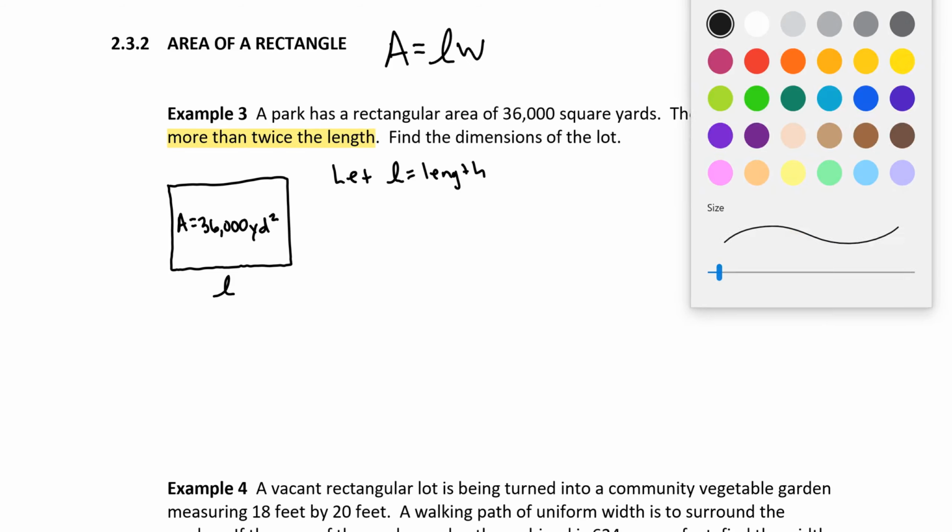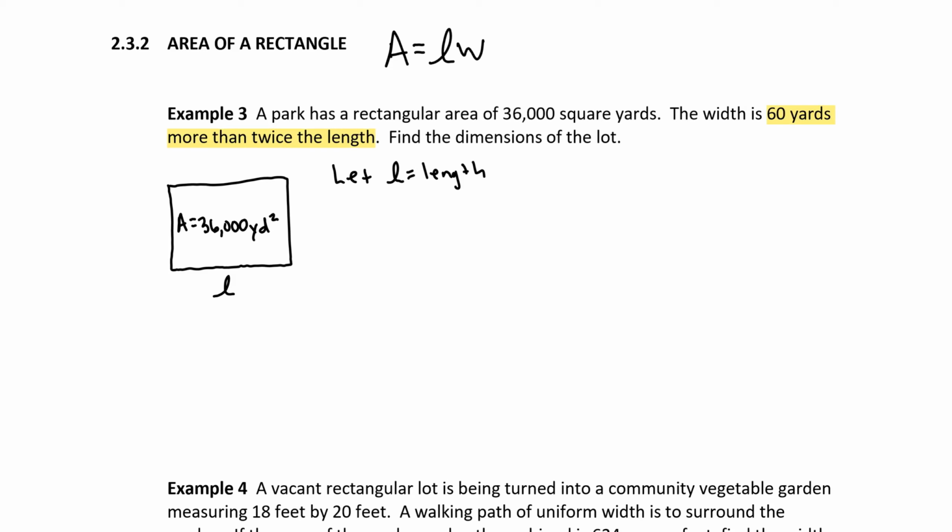That is the English language representing math. The width is 60 yards more than twice, or 2 times, the length. So the width will be 60 more than 2 times the length. So the width here would be 60 plus 2L. Looks like I have the width a little shorter than the length, but that won't mess up our algebra.